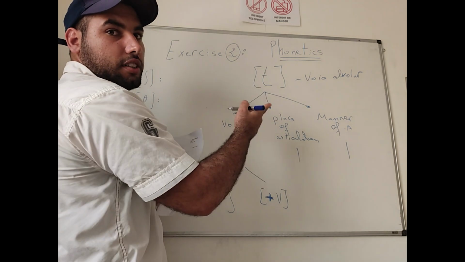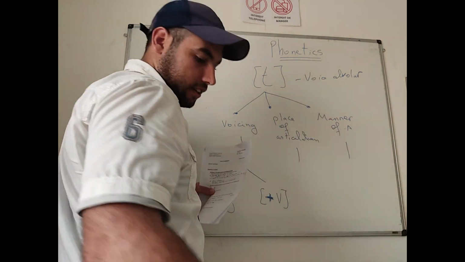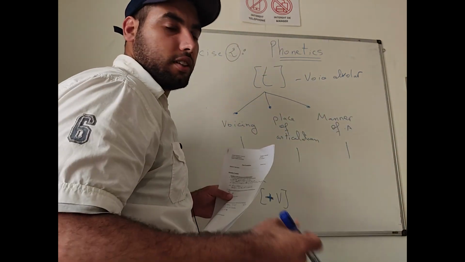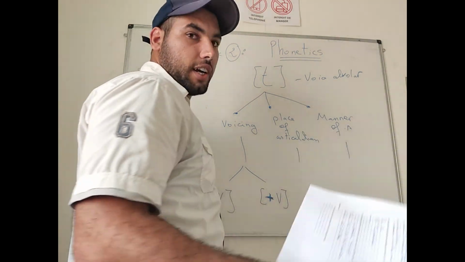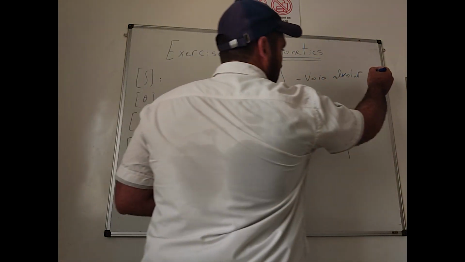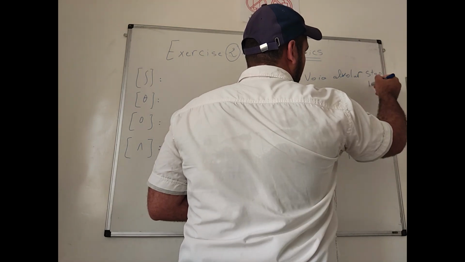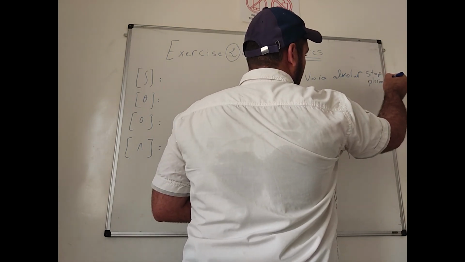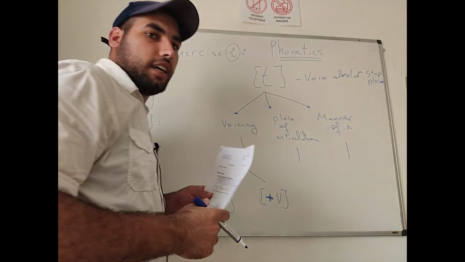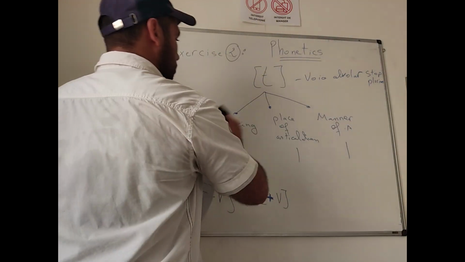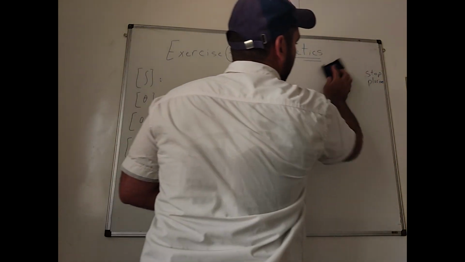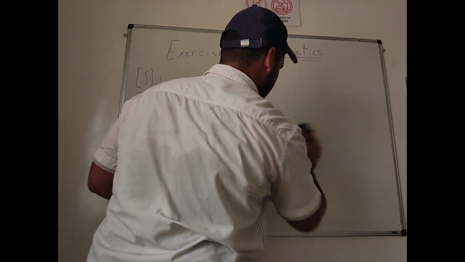And how the air is distributed through the oral tract, it is a stop or plosive, okay? Because there is no release of the air through the mouth. There is a stop.